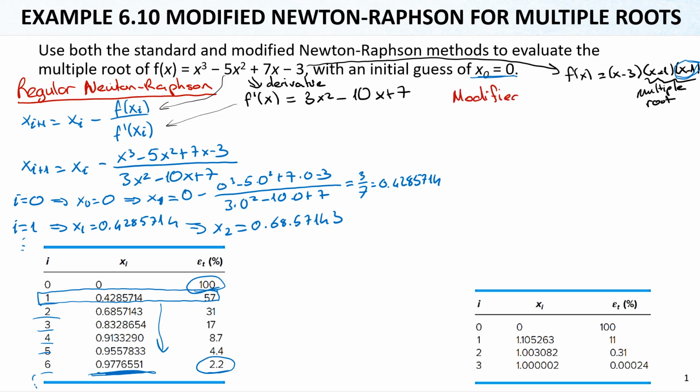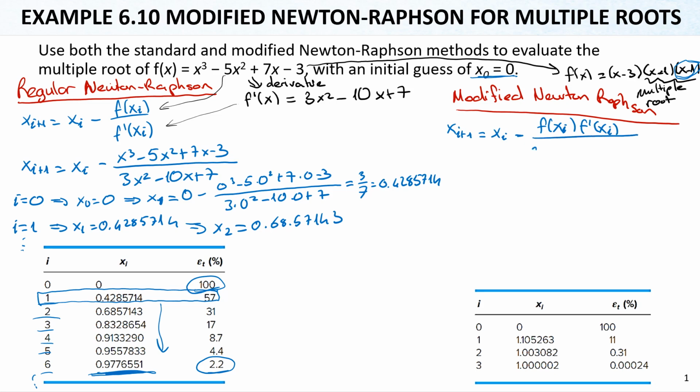Modified Newton-Raphson. In that case, if you remember, we were using u(x) equals f divided by f prime in the formulation, and from that we were having this formulation: x_{i+1} is equivalent to x_i minus f(x_i) f prime(x_i) divided by f prime(x_i) squared minus f(x_i) f double prime(x_i).